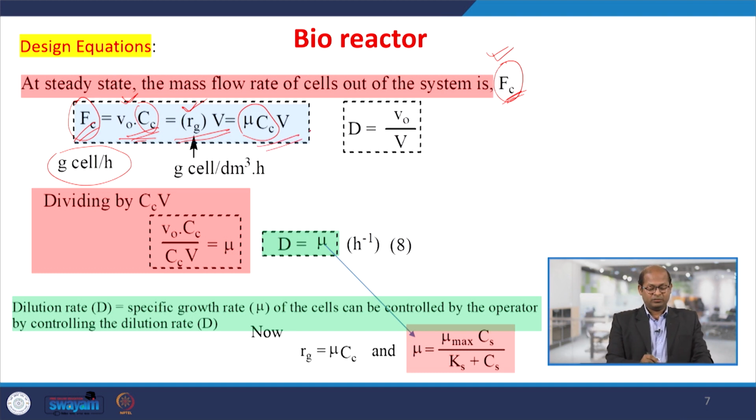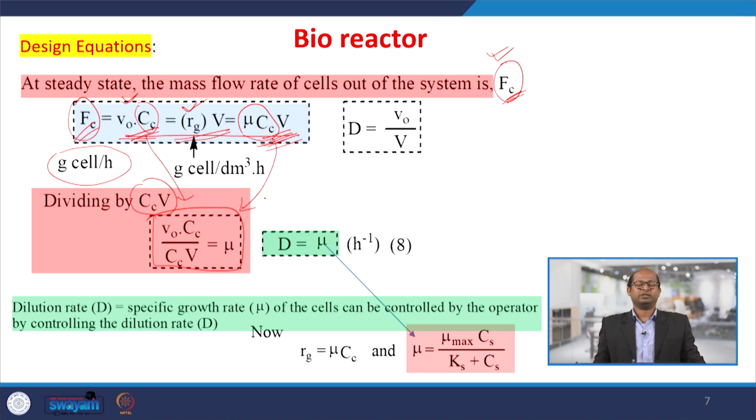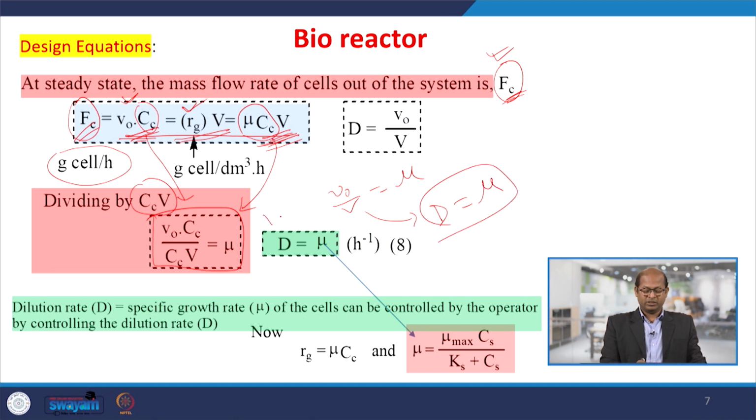Now dividing both sides of this equation by C_c into V, so here also C_c V, here also C_c V. If we divide the left-hand side and the right-hand side by C_c into V, then the equation becomes V_0 by V equals mu. V_0 by V is the D. That is equation 8.